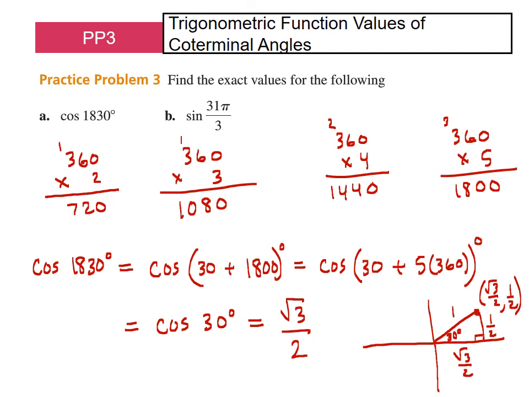Alright, so this is where hopefully you guys did 5.2 well. So here's 5.2 stuff coming at us. There's my X and Y grid. 30 degrees is about right over here, right? It's sort of like a third of the way to 90.